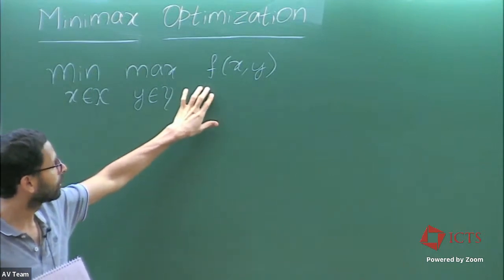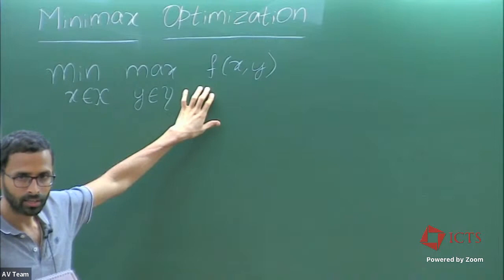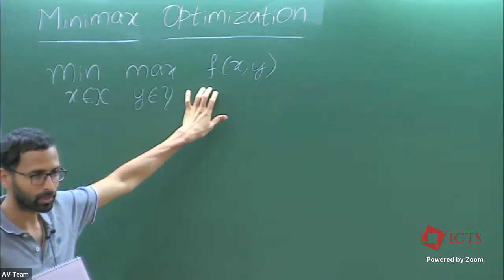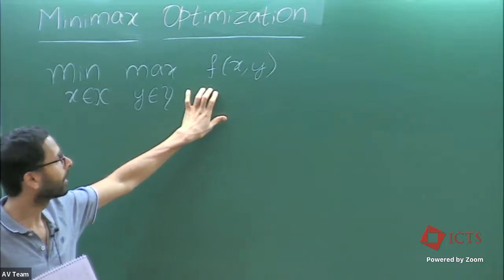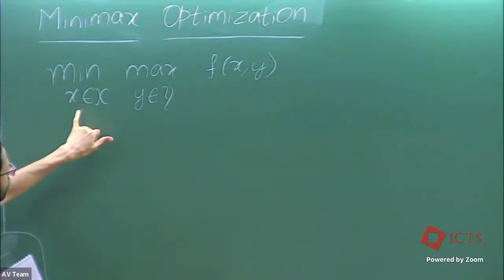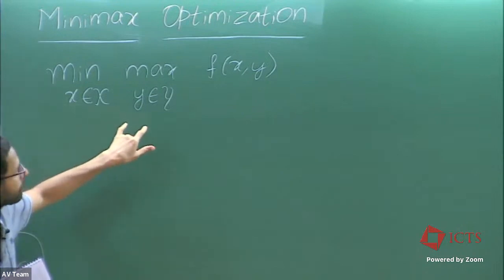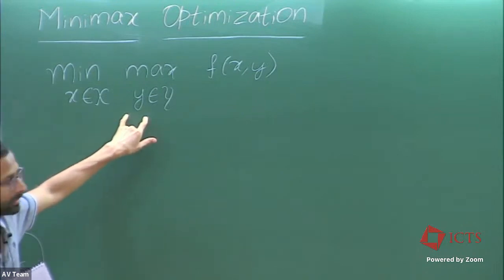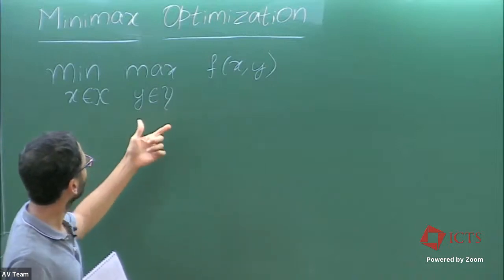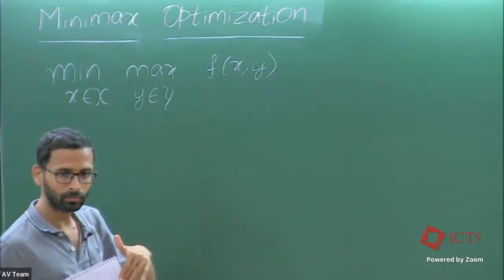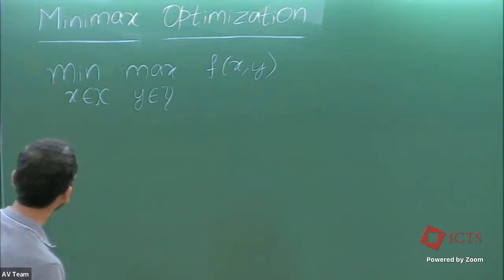One of the most popular ones is in game theory, where these are called two-player zero sum games. So there are two players. One has a choice x to make, the other one has a choice y to make, and the payoff of the y user is given by f of x comma y, and the payoff of the x user is given by minus f of x comma y.